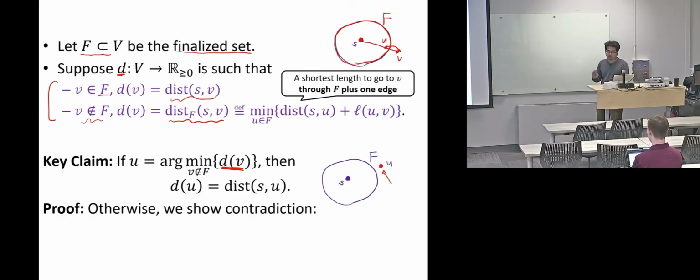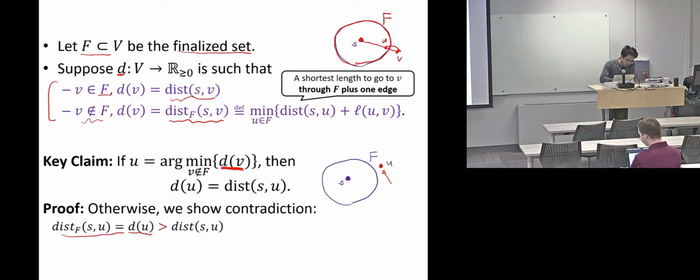We're going to show a contradiction. Suppose that this thing is strictly more than the real distance. If this is not equal, then it must be strictly greater than the real distance. Suppose that's the case. Then what does it mean?